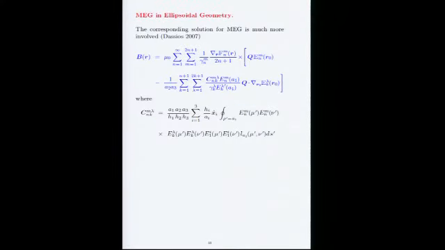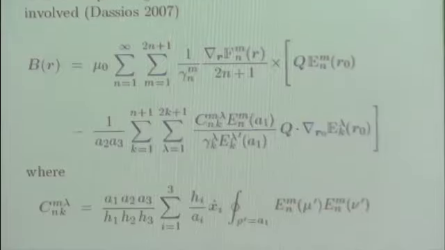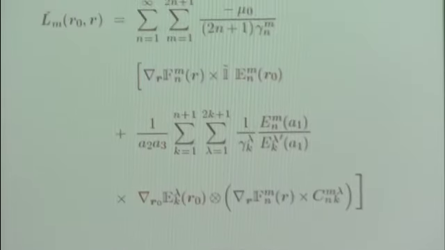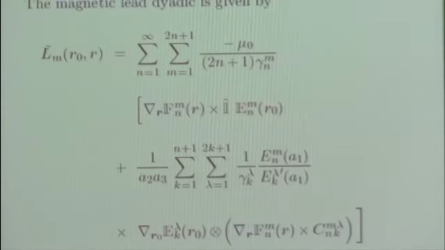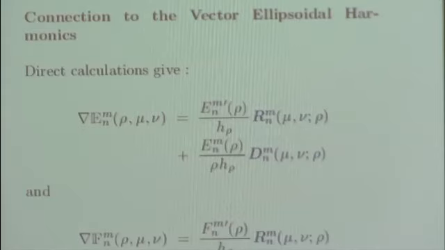Okay, it's much harder to solve the corresponding MEG problem for the ellipsoid, but in any case, again, this part and this part depend on the source, and the coefficients here are these integrals. Complicated integrals, but that's what they are, constants. So again, this is the lead field for the magnetic. Now you see, in both cases you have the gradient of the interior and the gradient of the exterior ellipsoidal harmonics.